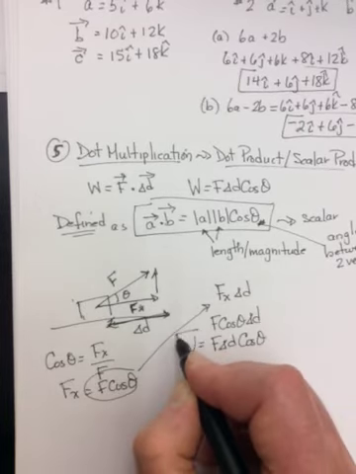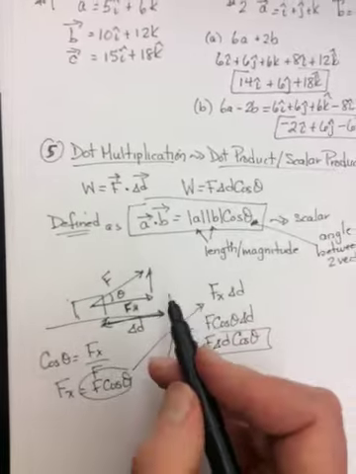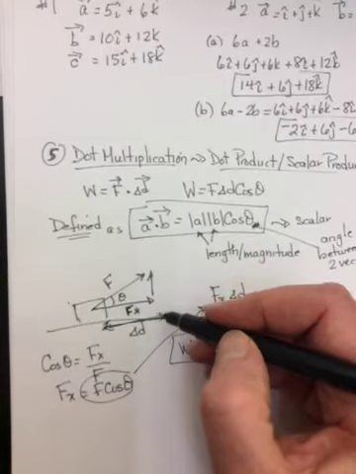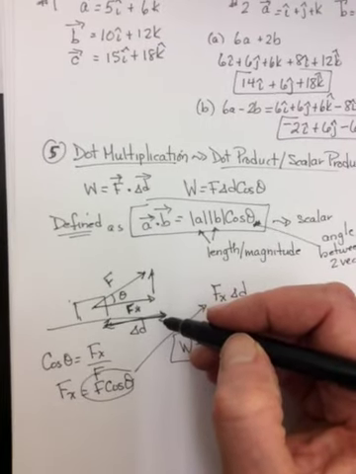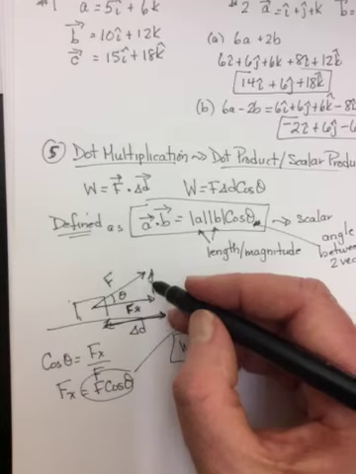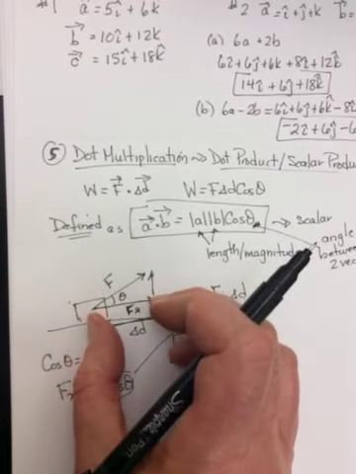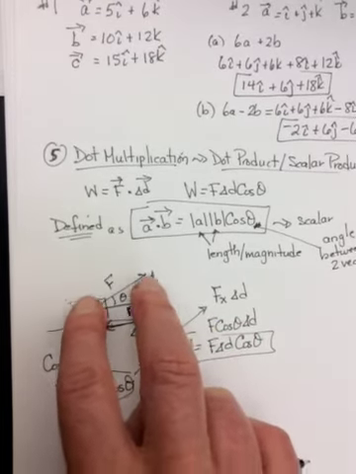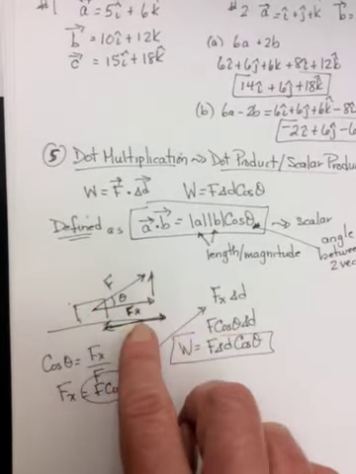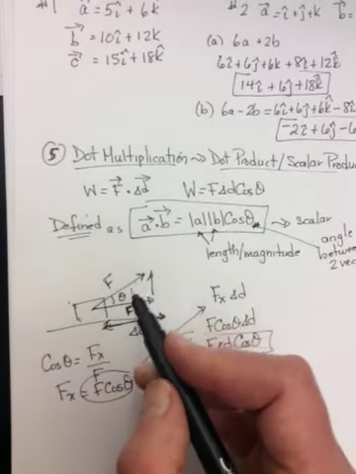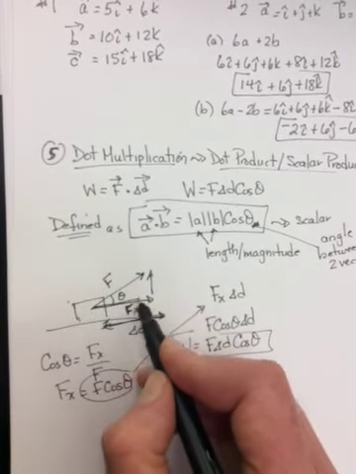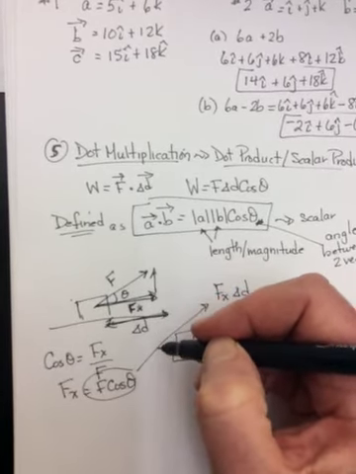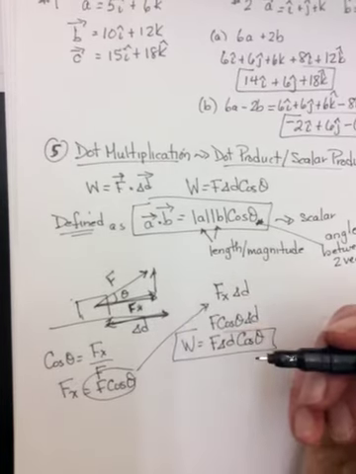So really what we're saying is, when we do dot multiplication, we're only looking at the component of one of the vectors that's going in the same direction as the other vector. We say it's like the scalar projection of A onto B, the length of the component of vector A that's acting in the direction of vector B. Makes sense?